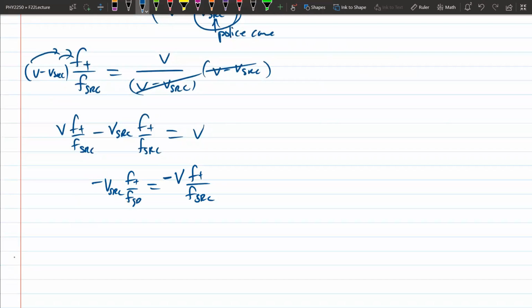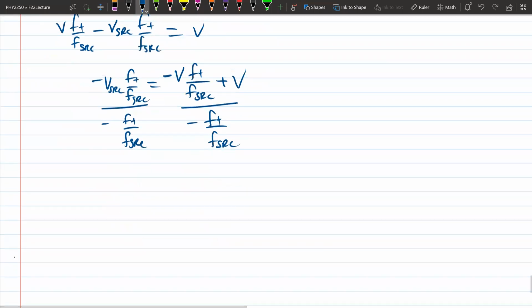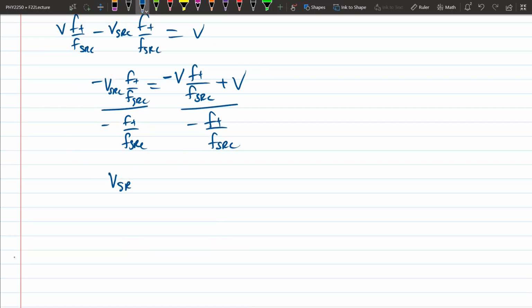F source plus V. And then you divide both sides by the negative of all that stuff. Now we have V SRC by itself, because all that cancels out.